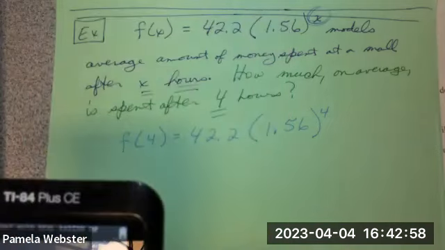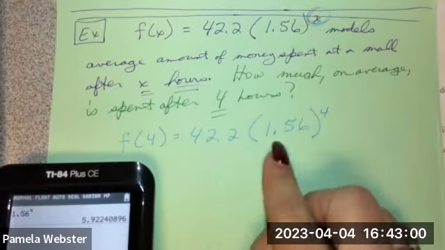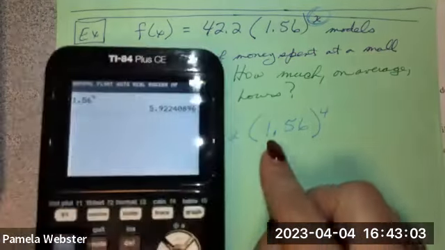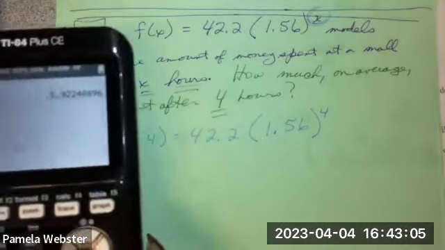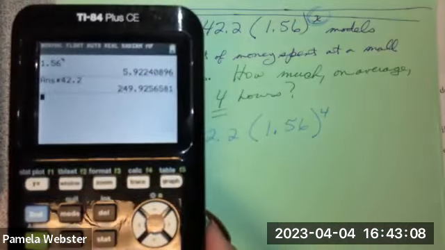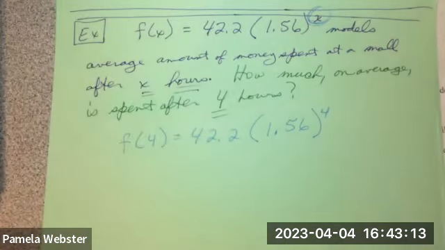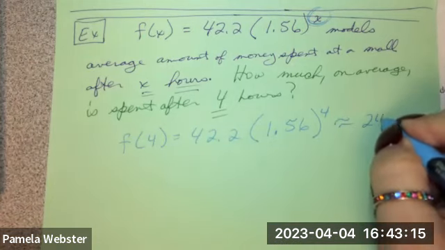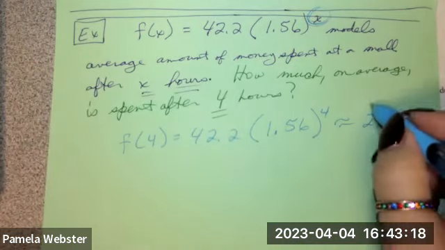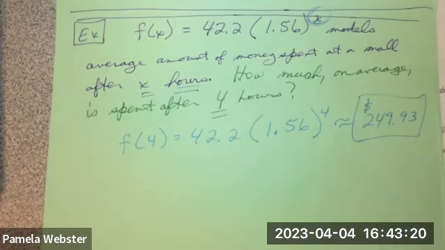I'm just going to hold that in my calculator and then multiply it by 42.2. And I am getting 249.93, basically. 249.93. And that was money spent, right? So what they're saying is at this particular mall, if you're there for about 4 hours, you're probably going to have spent about $250. So that's kind of a lot of money to be spending going in.